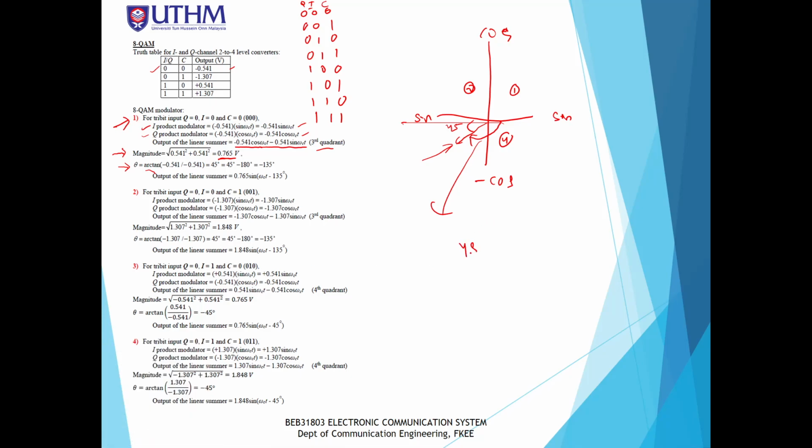So 45 degrees minus 180 degrees, it is negative 135 degrees from this angle.